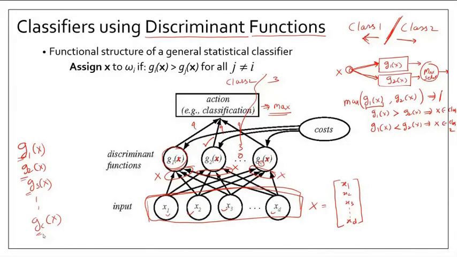But how do we find g1(x), g2(x) and so on up to gc(x)? For this purpose, we are going to take help of Bayes again. Based on Bayes, we will find out all these functions.